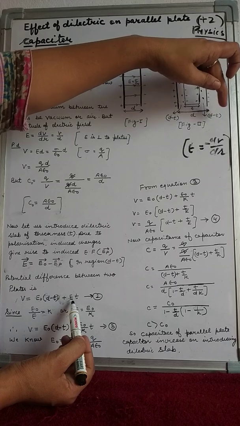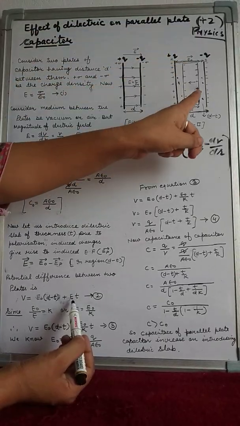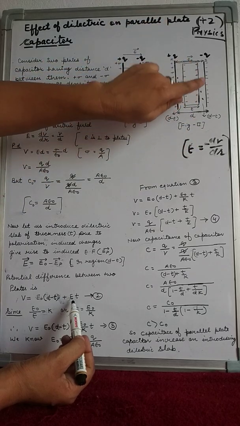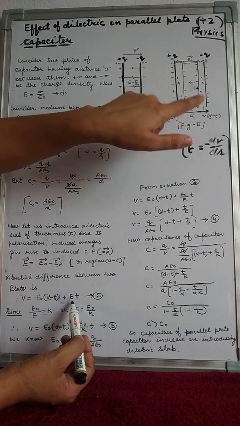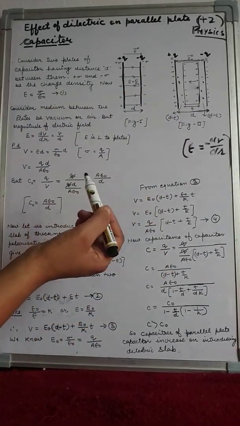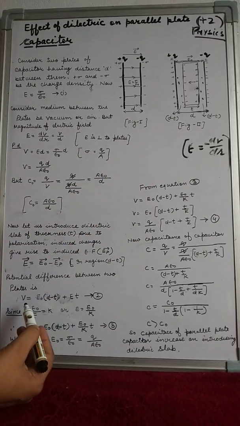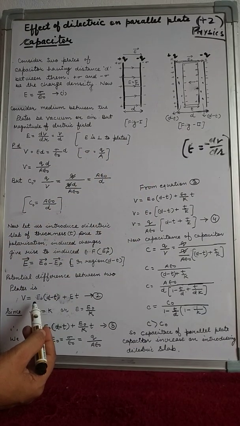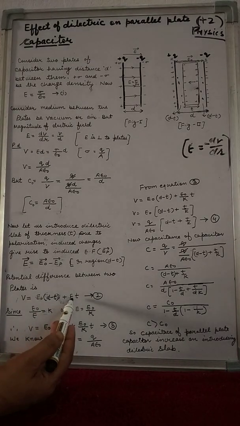In the D minus T region the potential is E naught into D minus T, and the reduced field E acts in the region of thickness T. So total potential V is equal to E naught into D minus T plus E T.